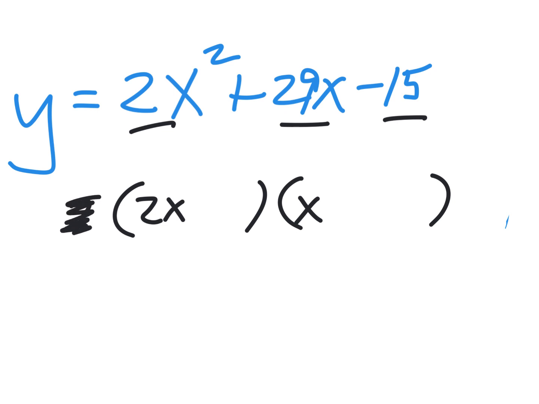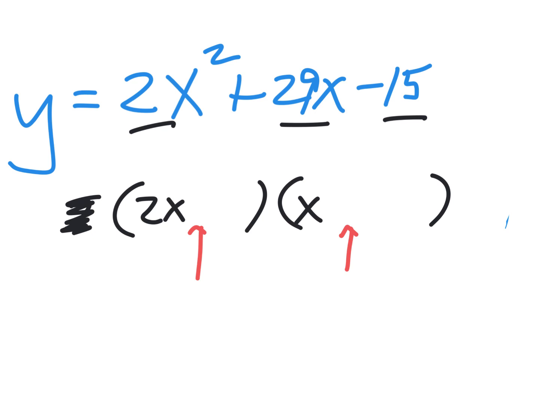Okay? Now, like I trained you, you do the signs next. You don't try to do the numbers next. You do the signs next. It's either a minus and a minus, a plus and a minus, or a plus and a plus. There's only 3 choices. Figure out the signs. Then, last, you figure out the numbers. And if you put the numbers in and you get the opposite of what you wanted, you have to switch the signs.